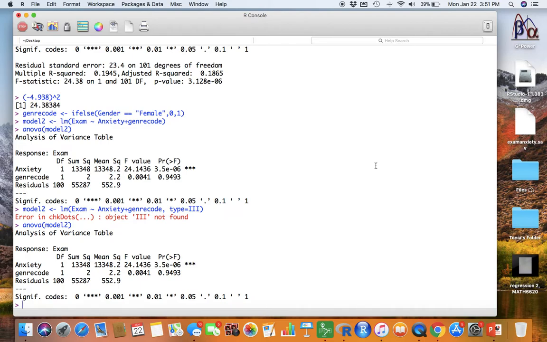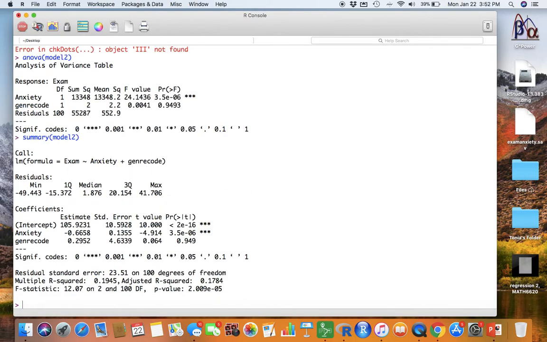But we can get the overall model fit using summary model. If we go down to the very bottom, the F statistic tells us that our total F statistic is 12.07, degrees of freedom 2 and 100, and our p-value is statistically significant at the 0.001 level.